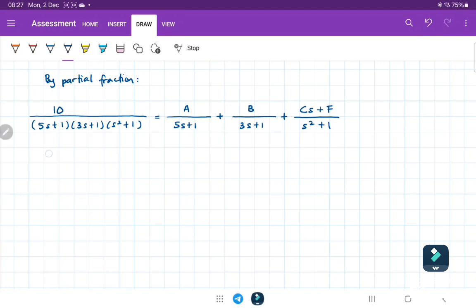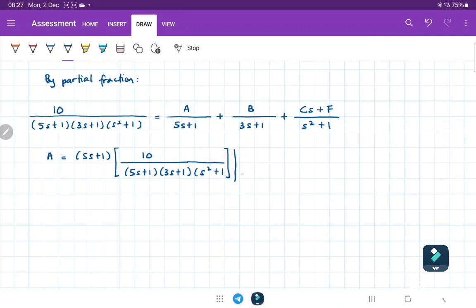So let's do A first. A is basically 5s plus 1 multiplied with our Y of s, which is 10 over 5s plus 1 multiplied with 3s plus 1 multiplied with s squared plus 1. And remember, we are going to evaluate this at the root, which is s equals minus 1 over 5.